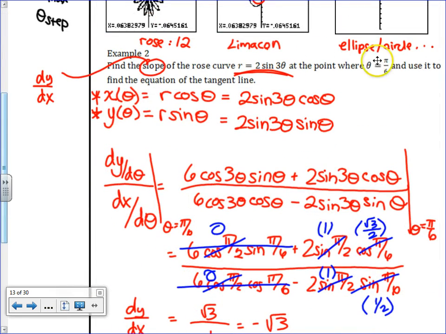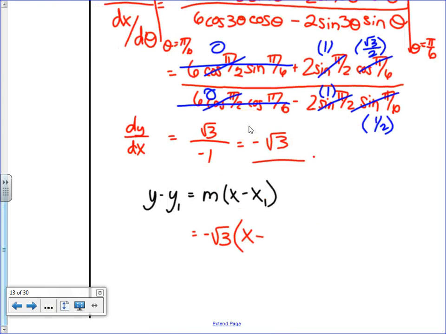So I can say, oh, plug in pi over 6. So I'm going to have x1. Time to plug and chug.